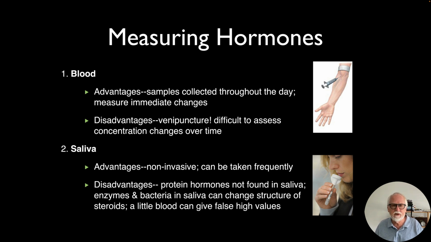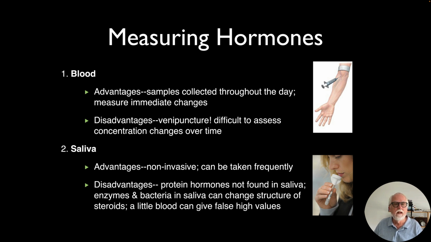But the big disadvantage, as you can imagine, is that it is venipuncture. That means you have to stick a needle in a person's vein to pull out some blood. This can be difficult, just because people are not very happy about having needles stuck into them. It's also fairly difficult to assess concentration changes over time. So you don't really get a good measure of how much the concentration of the hormone might be changing over time.